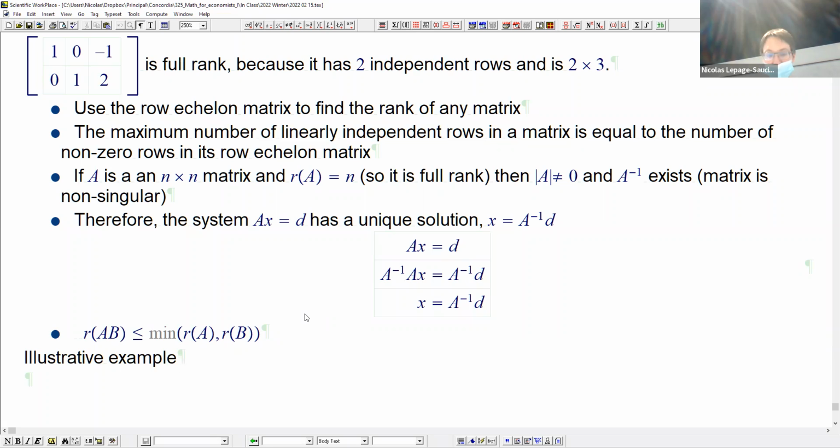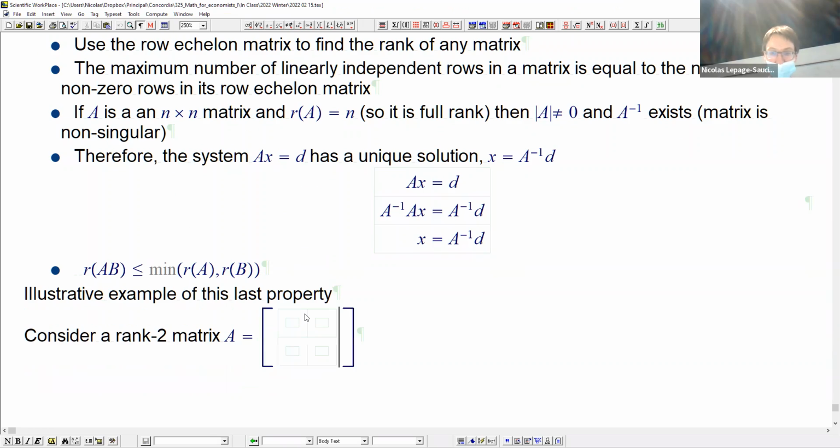So imagine, consider a rank 2 matrix, A equals A1, A2, B1, B2.